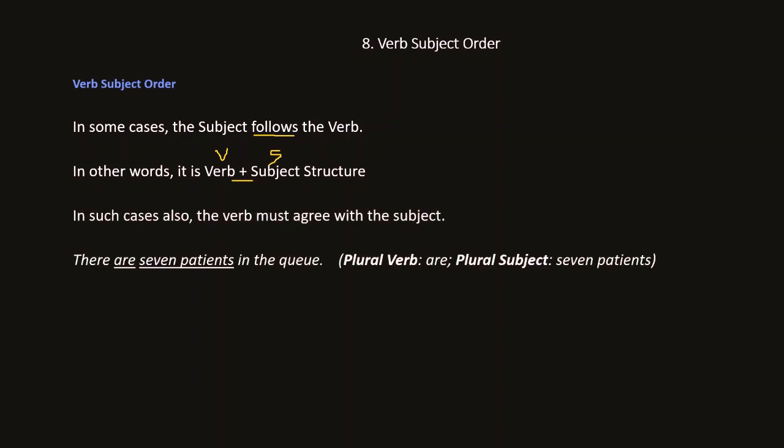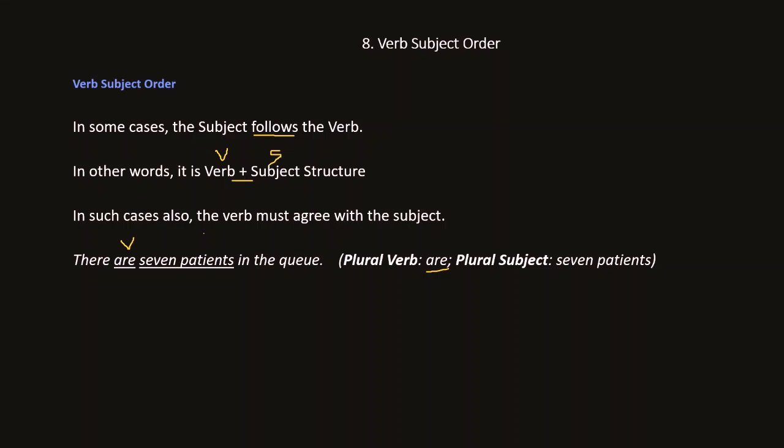Look at the examples. There are 7 patients in the queue. In this case, the sentence starts with a plural verb are and the subject is a plural subject, that is 7 patients. We use a plural verb because the subject is plural.